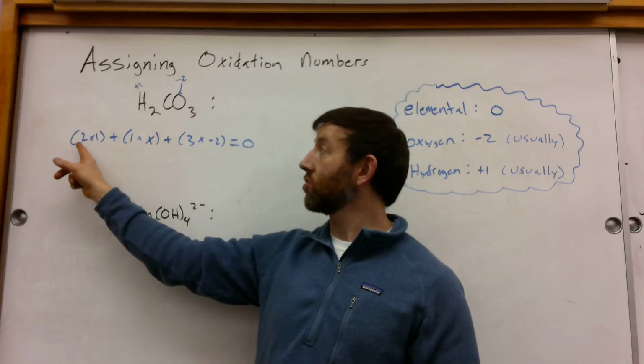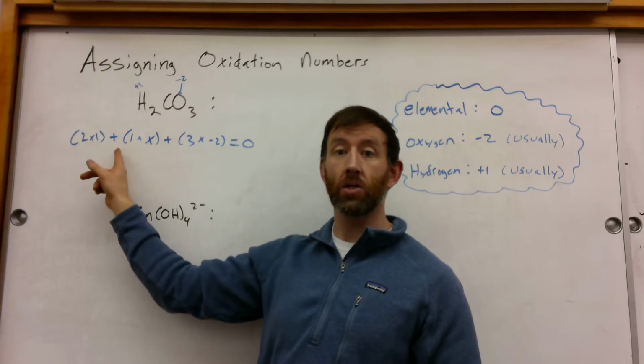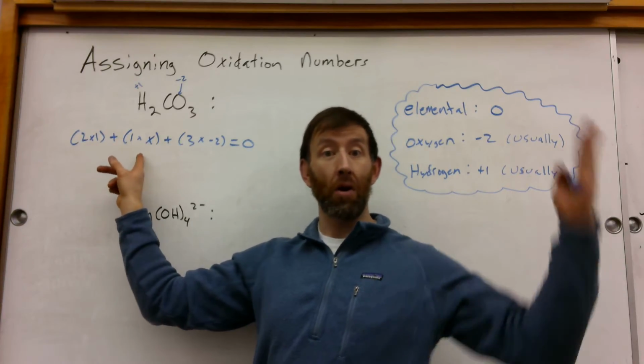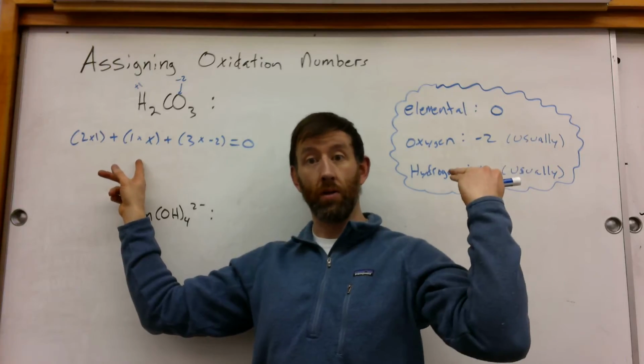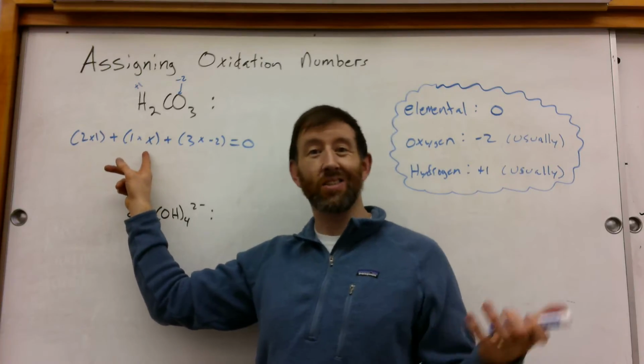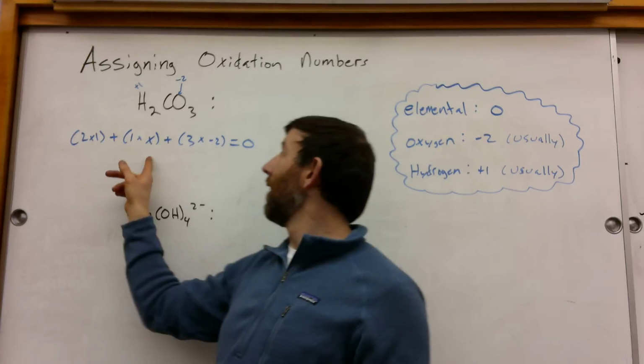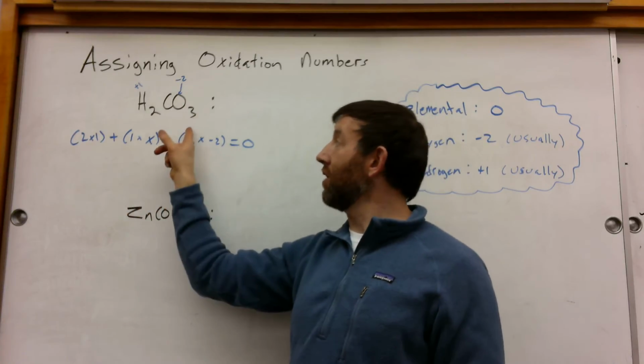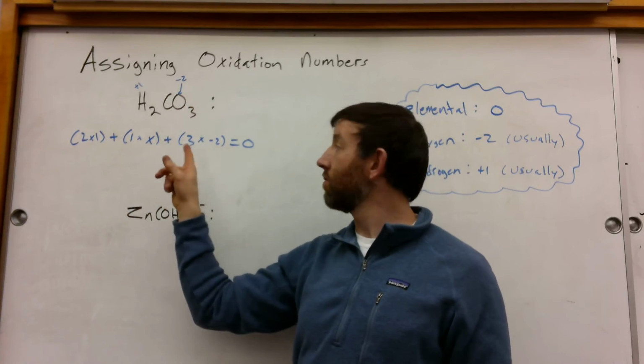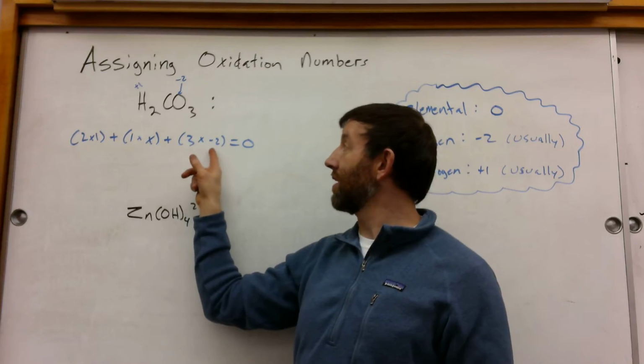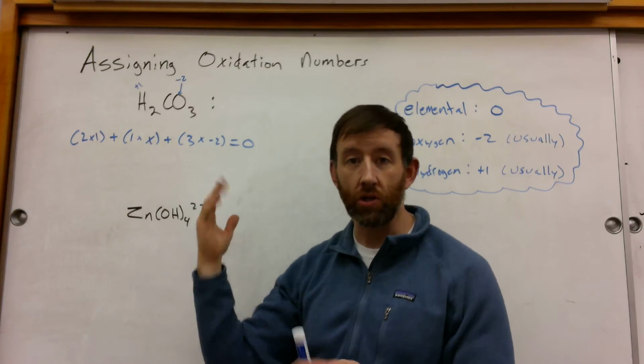Two hydrogens, so 2 times 1, plus carbon is my unknown. I don't have a rule for carbon, so I'm making that x because we like to use x's in algebra, right? And then I have 3 oxygens, each at a -2. So that's 3 times -2. All of that's going to equal 0.